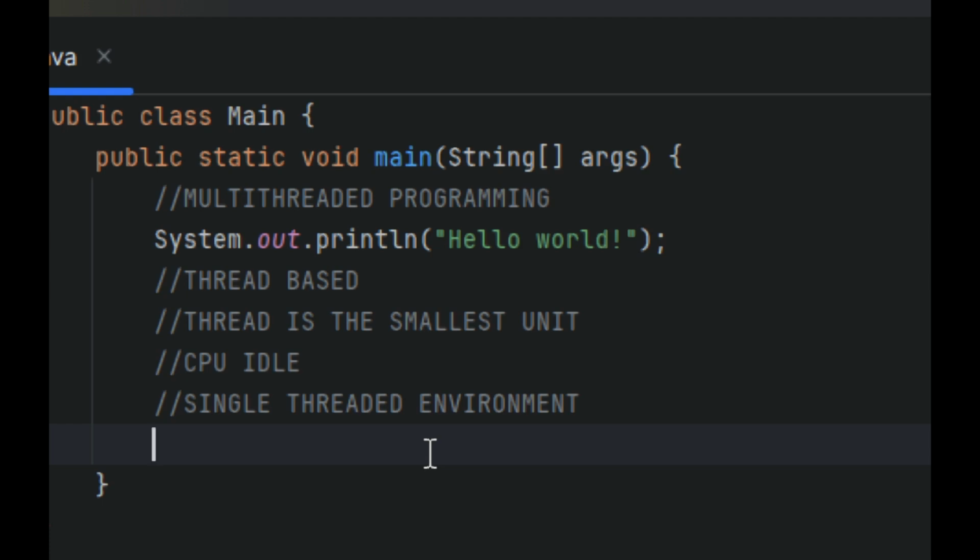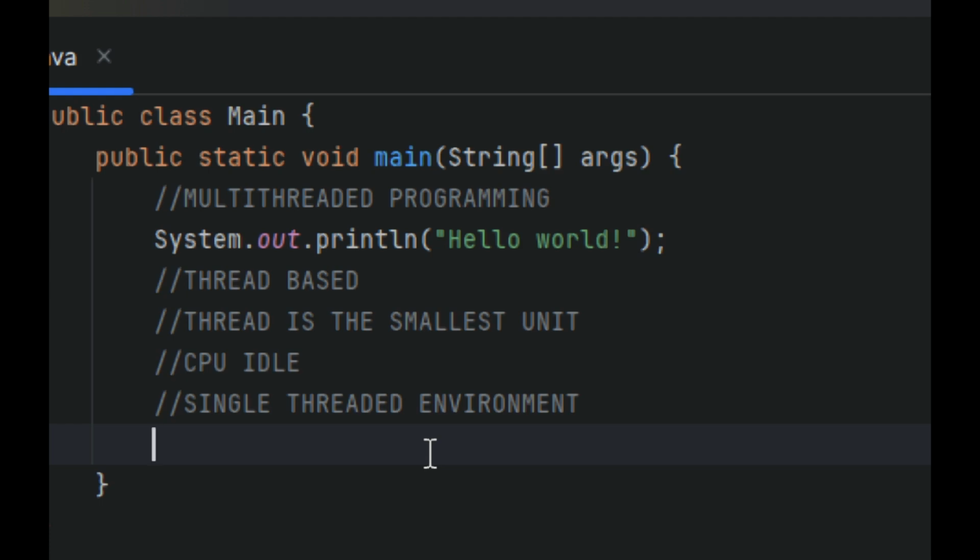But the ability of Java to manage threads makes multithreading convenient, because many details are handled for us as programmers.